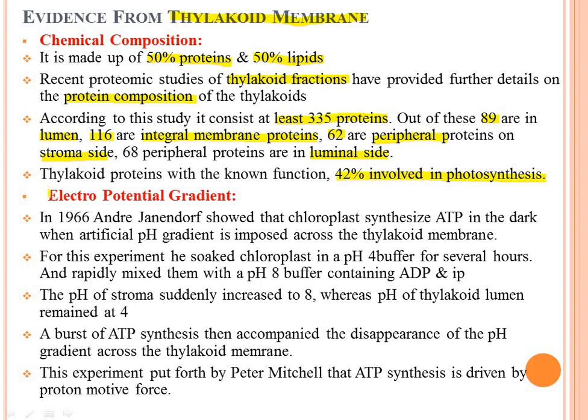Then the second evidence, the electropotential gradient. In 1966, Andre showed that chloroplasts synthesize ATP in the dark when an artificial pH gradient is imposed across the thylakoid membrane.